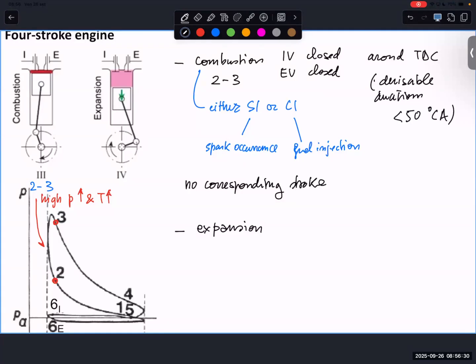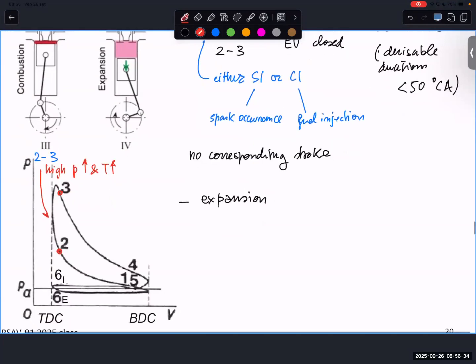During the expansion, that is going from 3 to 4, both valves are again closed. And this is why we are building our engine. So we have a corresponding stroke.